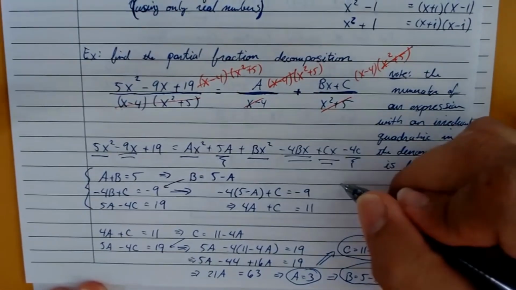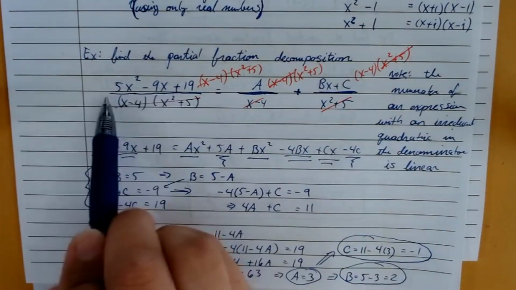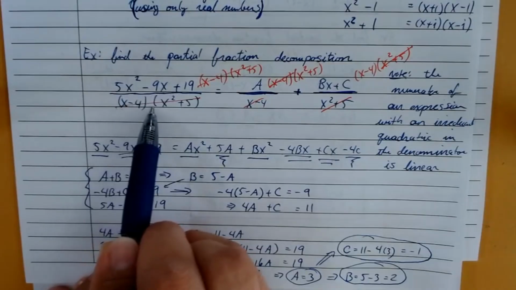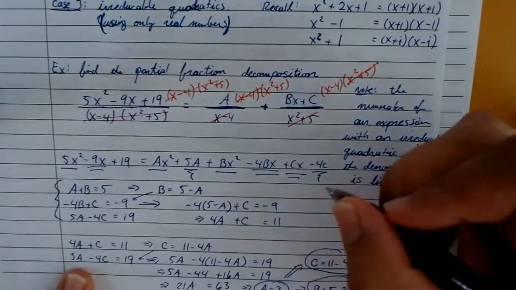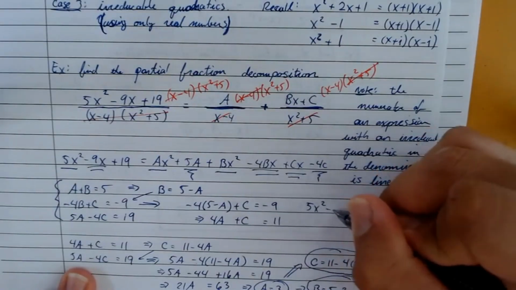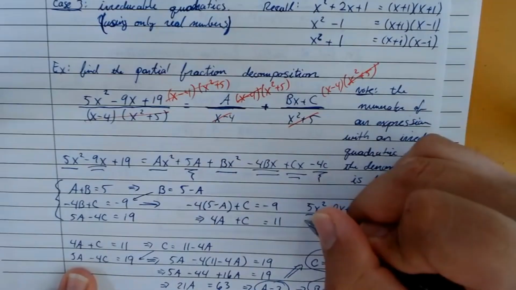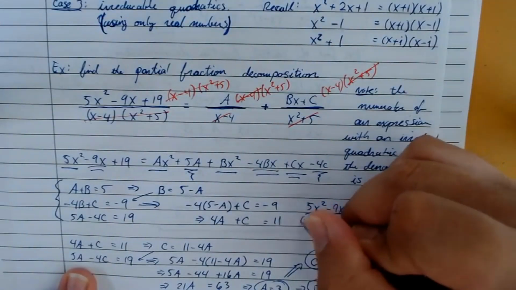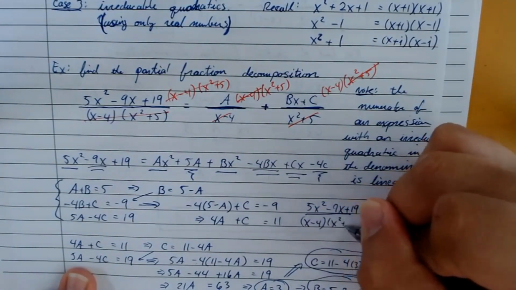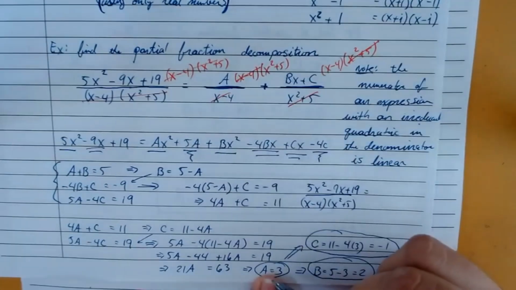In the end, it turns out that our 5x squared minus 9x plus 19 over x minus 4 times x squared plus 5 is going to equal our a, well, that was 3.